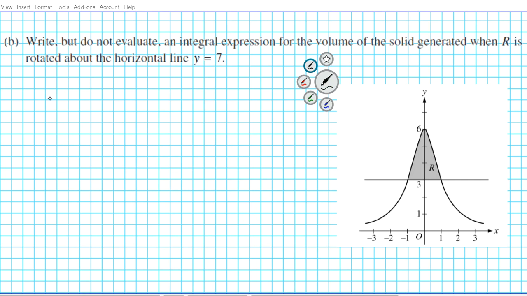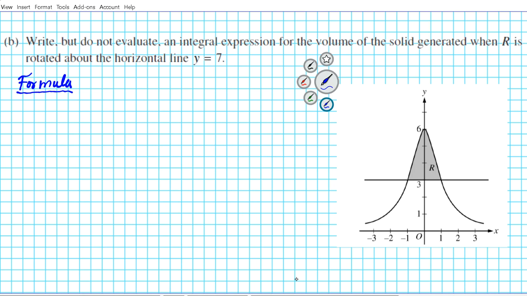Okay, all right, so before we get started with this problem right here, let's go over what the formula is. We're looking for a formula for solids of revolution, because we're rotating this region about the horizontal line y equals 7.